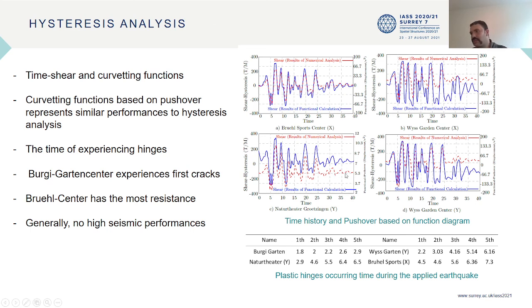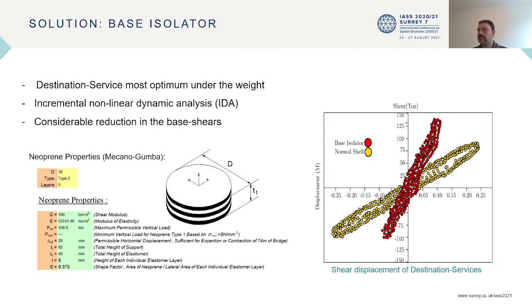So the fitted pushover diagrams, with time as the variable, can show performance similar to the hysteresis analysis quickly. Here we can see the time at which the first hinge was formed in each shell. Generally, I can say, unfortunately, these geometries cannot resist the seismic load that much.